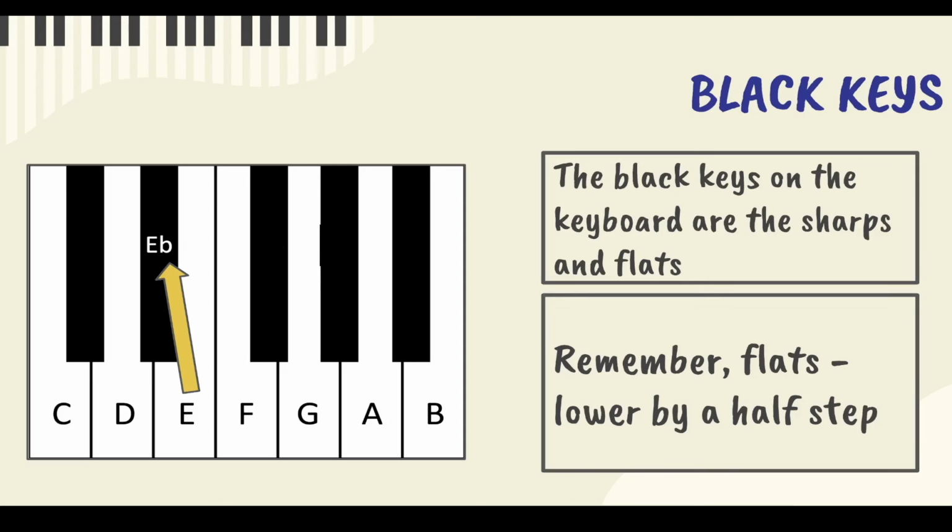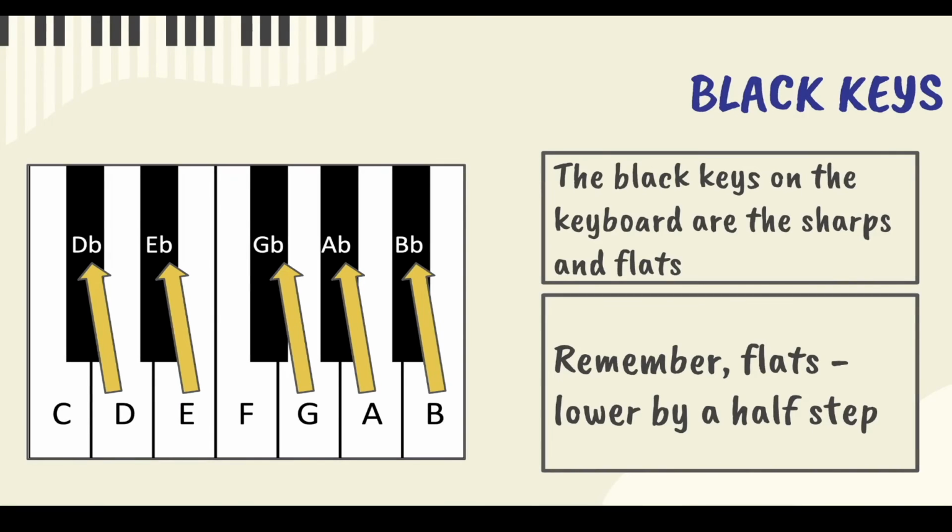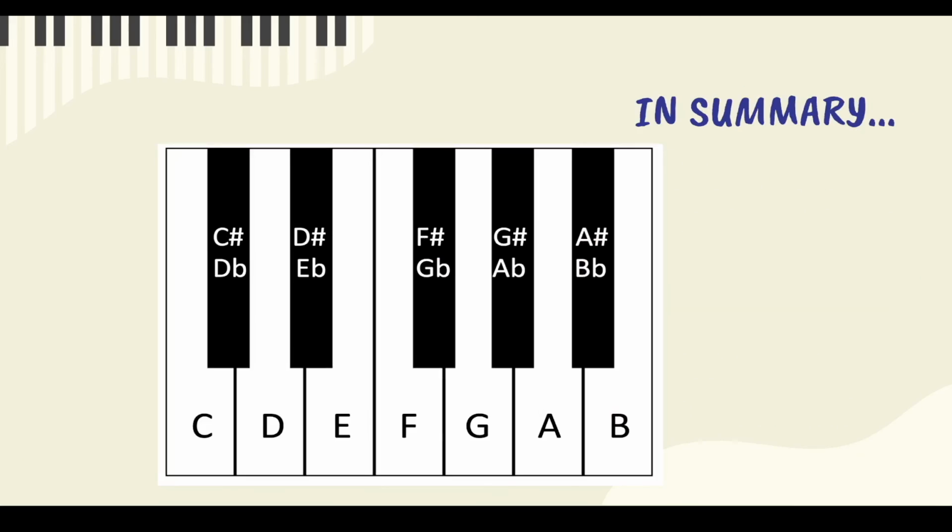Right, so if we look at another example, if I'm trying to find A flat, first I will look for the note A, and then the black key directly to the left of it would be A flat. And this would be the same for all the other notes as well. So in summary, this is what we have looked at, the white keys and the black keys.